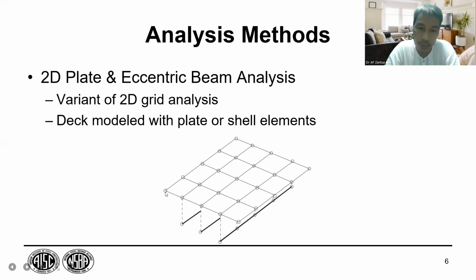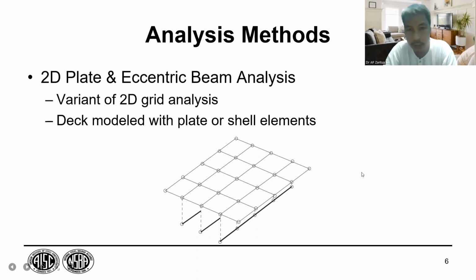Okay. Plate or shell elements. This is a plate. 1 plate, 2 plates, 3 plates, and so on. So plates, okay? Or shell. Okay. So instead of what? Line being beam and line being diaphragm, we have what? Plate. Okay. And then we have what?